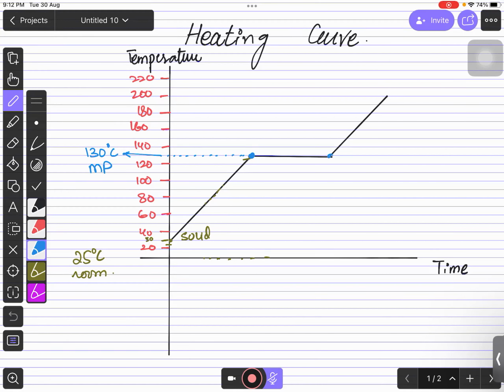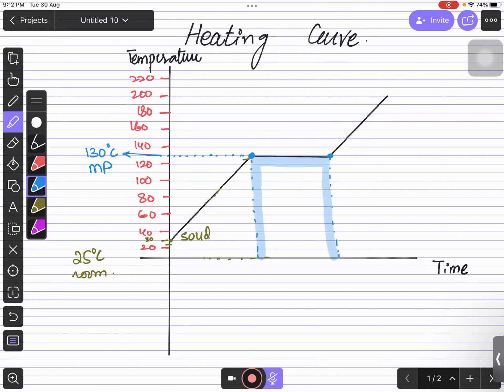And you need to understand this over here. During this time period, you can see that the temperature is constant. Over this time period, if you focus, the temperature is not increasing, right? Why is the temperature not increasing over this time?